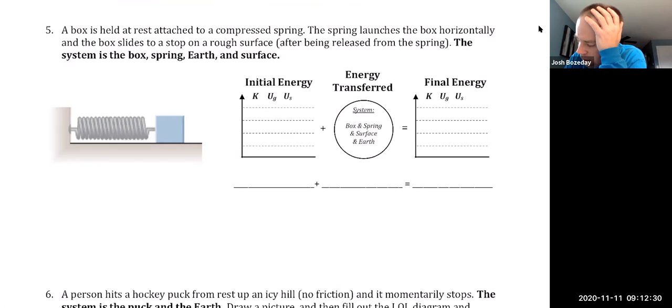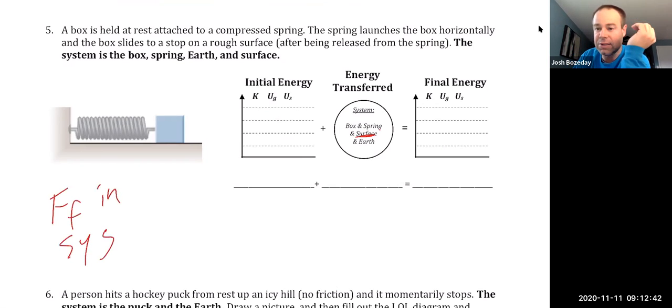Our system now, interestingly enough, has the surface in it. So force friction is in the system. It's not outside the system, it's in the system because the surface is in the system.